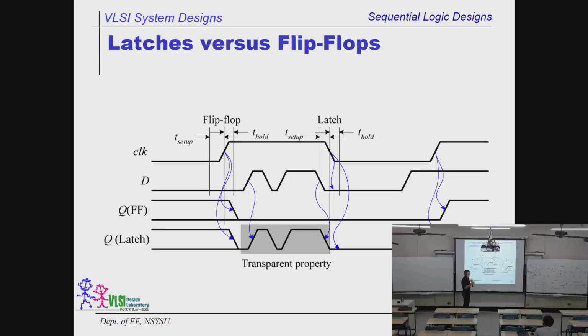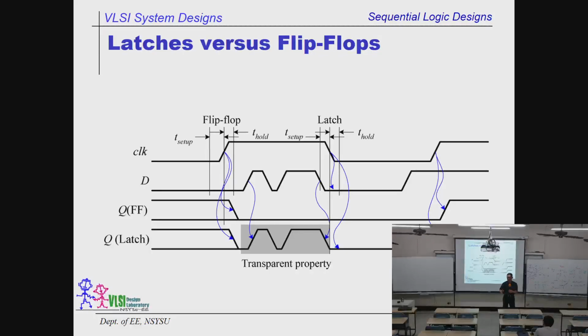Then the data is also required to be stable for a while after the sampling edge. The period of this time is called T hold. Let me repeat again, it's quite easy. The data must be stable before and after the edge you are interested in. Before the edge, it is called the setup time.